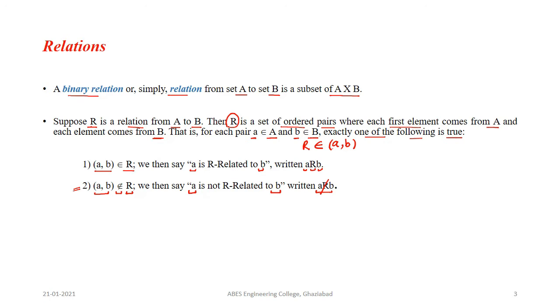And the second condition is that (a, b) is an ordered pair which does not belong to the relation R. It means element a is not related to b. That's why the ordered pair does not belong to the relation R, because element a is not related to the element b, and we can write it as a is not related to b, like this.